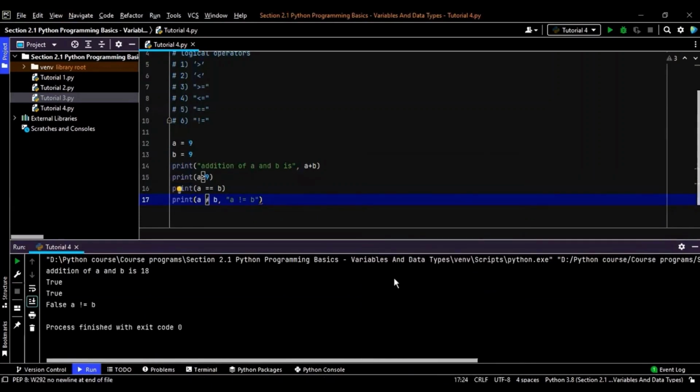Since a is equal to b and we are trying to say it's not equal to b, that is the reason it's saying that you're wrong. But if I change the value and run the code again, have a look. It's true. That means a is actually not equal to b. 9 is not equal to 7.